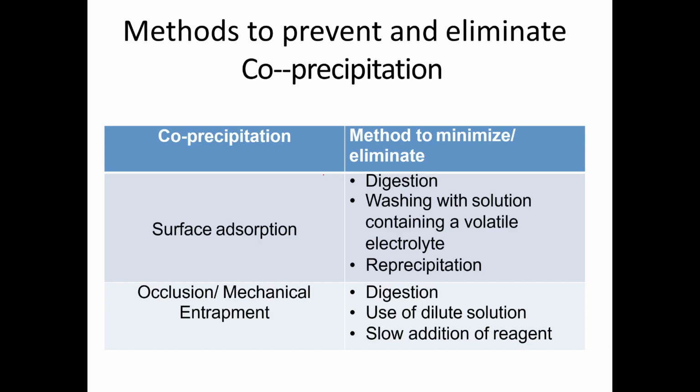By using these methods, we can minimize and eliminate co-precipitation by surface adsorption. And for occlusion and mechanical entrapment, how to minimize and eliminate? By using the digestion process, by using a dilute solution, and by adding the reagent slowly. So that's all.